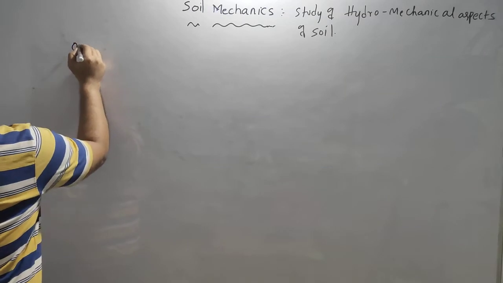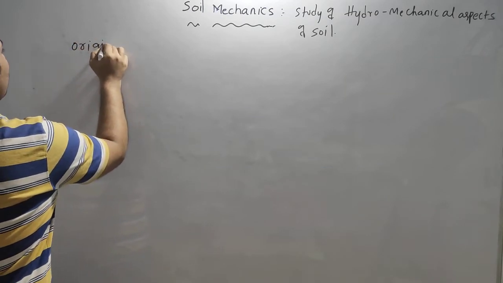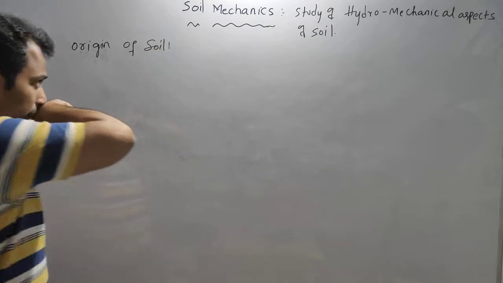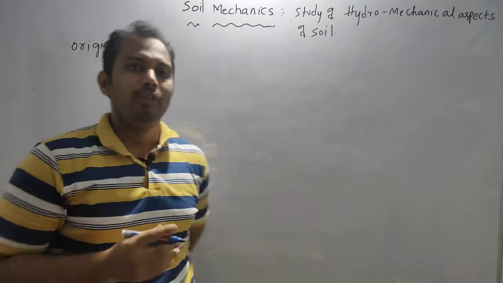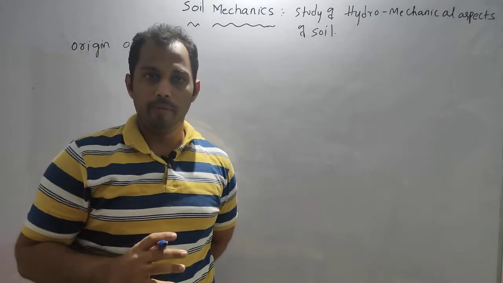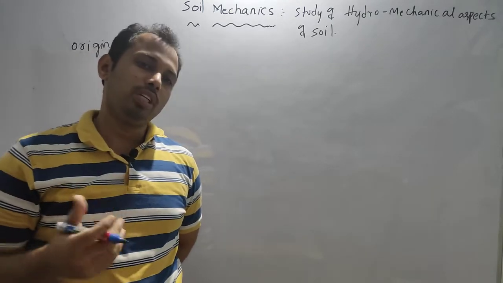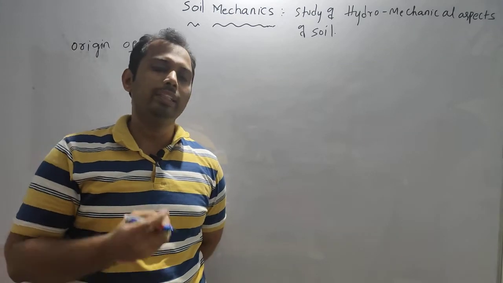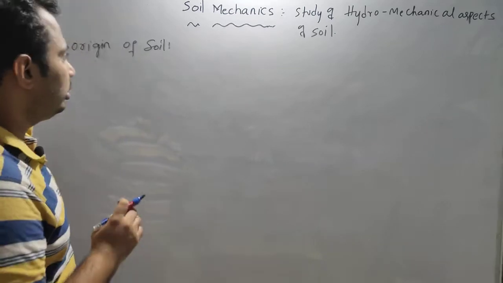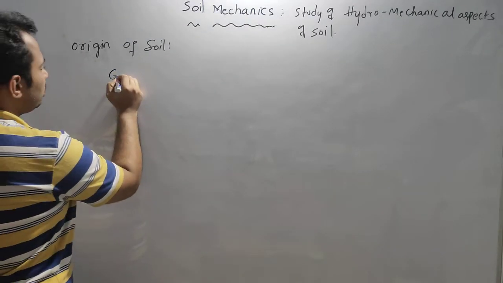Generally soil originates as a component of a geological cycle. If you understand the geological cycle, you will understand it. So the origin of soil is a component of the geological cycle. Let us understand what the geological cycle is.